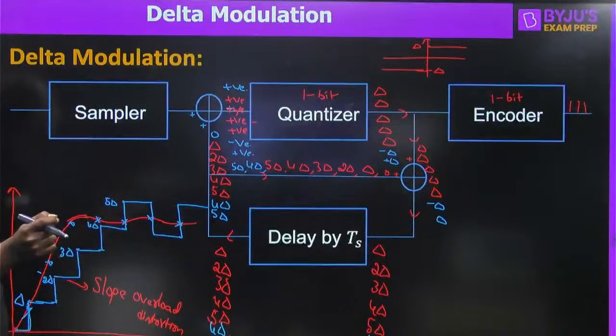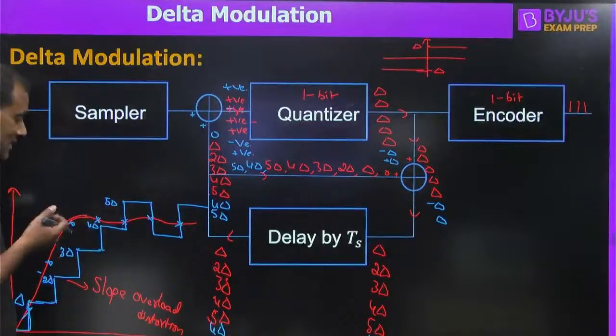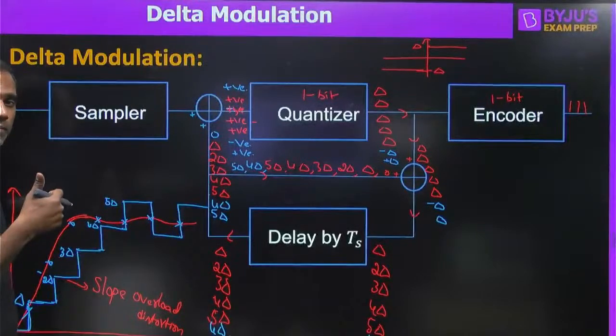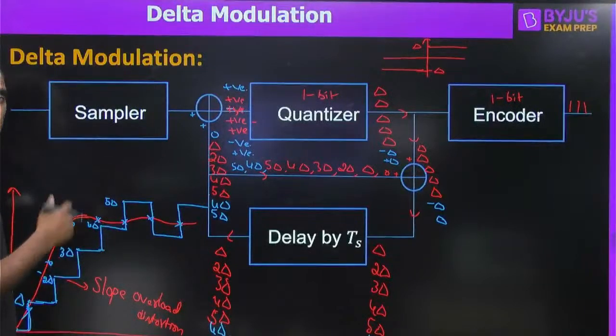In delta modulator, we get errors, we get distortion only when the speeds mismatch. Whose speeds? One is signal, another one is staircase. Signal speed, staircase speed. If these two mismatch, we get distortion. Okay, there are two ways of mismatching. One way of mismatching is signal's speed dominating.